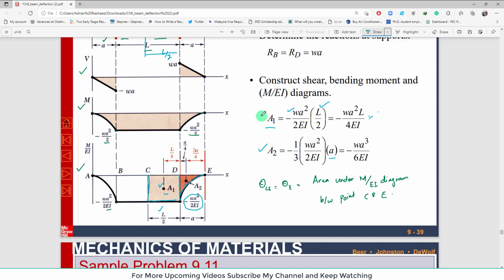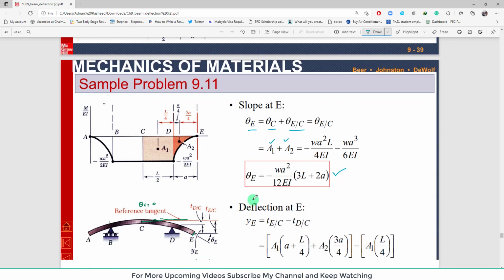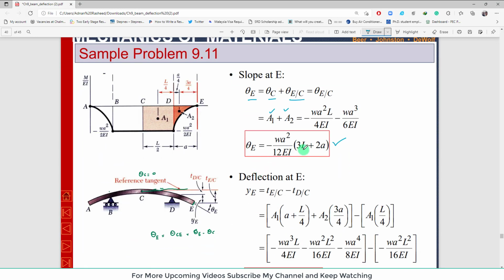So this is A2, clear. So when you add A1 and A2, this will be equal to theta E. You can see theta E is equal to theta C plus theta EC, which is equal to area A1 plus A2, and when you add both the areas, you will get theta E, the slope at point E, clear, which is equal to this one.